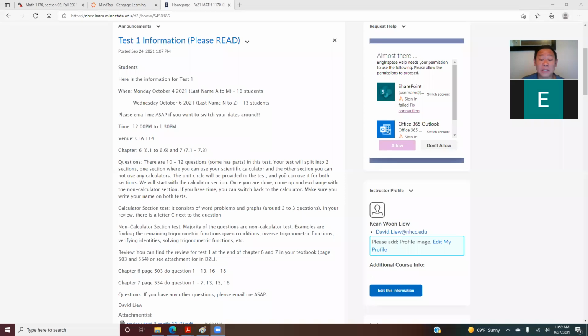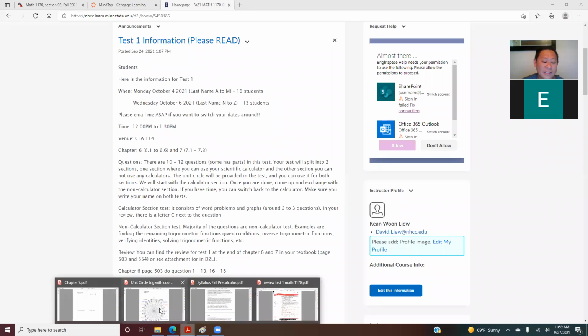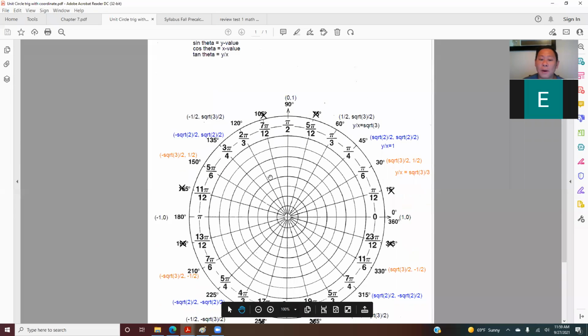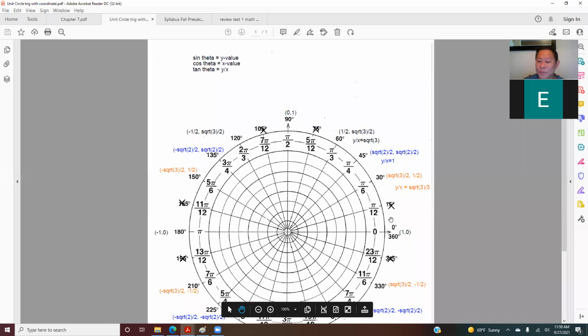Your test will be split into 2 sections. In the first section you are allowed to use your scientific calculator, and in the other section you cannot use any calculators. The unit circle will be provided in the test. It looks like this unit circle, but without all this information.